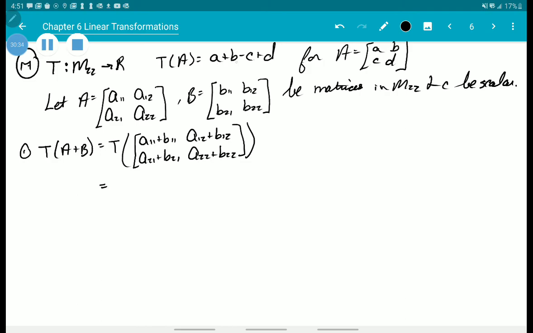So A plus B minus C plus D. So it's this plus this minus this plus this. So we got to do the same thing on this. So it's this plus this minus this plus that last one.